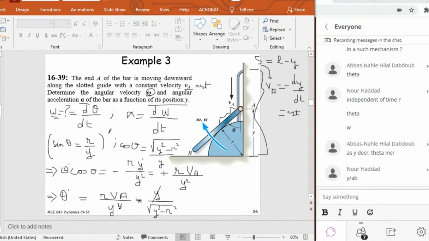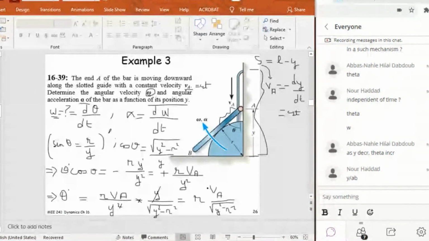Now I can simplify by one y, and then this will be r VA over radical y squared minus r squared. So now, guys, I know omega. Omega is equal to theta dot, which is equal to r, which is constant, times VA, which is constant, over radical y squared minus r squared.